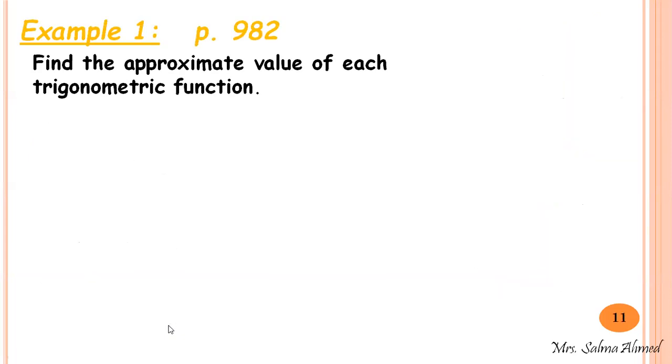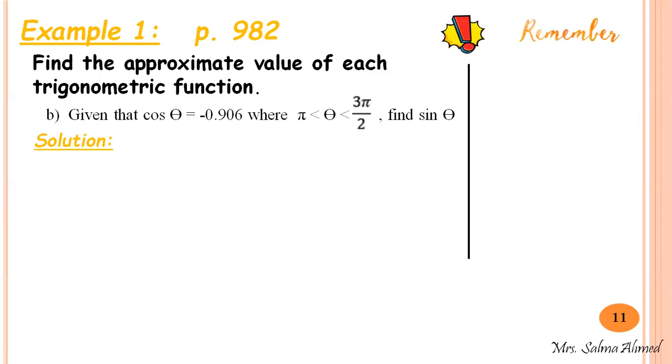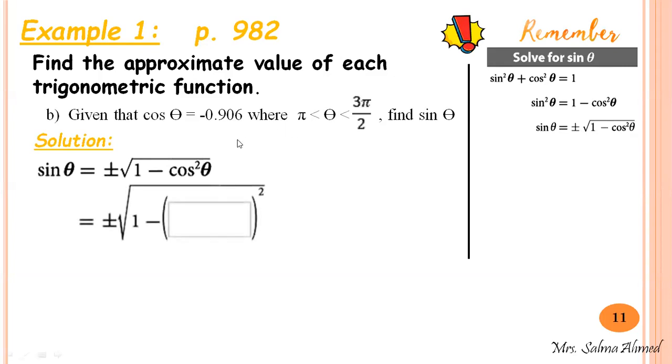Let's have another one. Given cosine theta equal negative 0.906, where theta is between pi and 3 pi over 2, find sine. I'm going to use the other rule, which is sine theta equal positive or negative root 1 minus cosine squared theta.